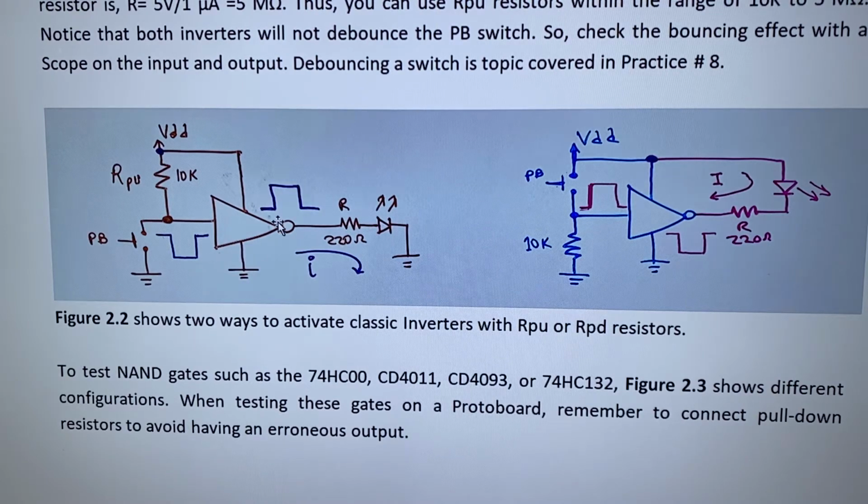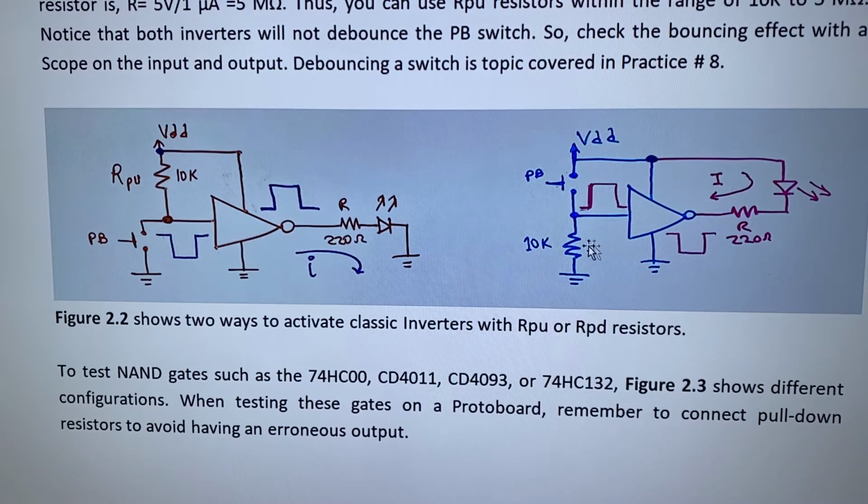So this is the classic inverter with true logic, but you can test the inverter also with negative logic. Instead of placing the LED to ground, we put it to voltage with this polarity, because this is the anode and the cathode.